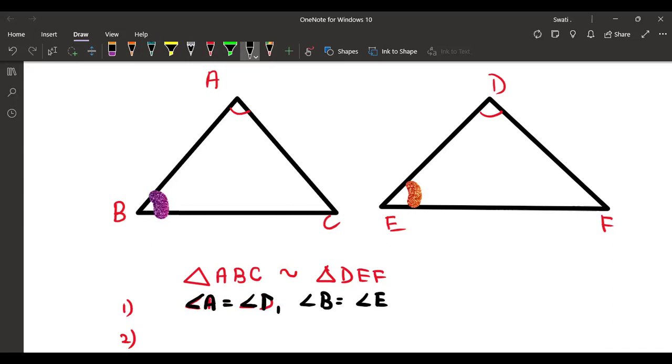The third angle. That means angle C is equal to angle F. That's it. This is called corresponding angles are equal.